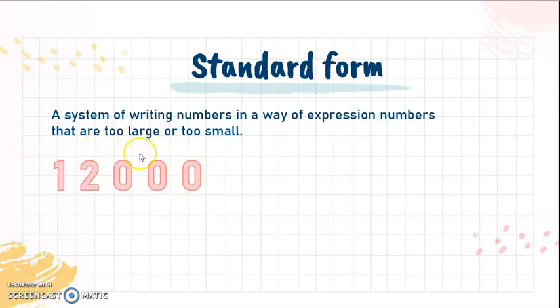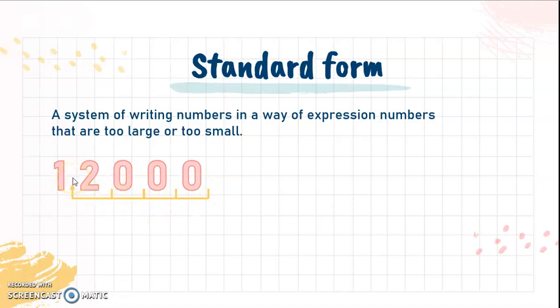Okay, for a number that is too large, sometimes the decimal point is not shown. If there is no decimal point here, always assume that the decimal point is at the very end. Okay, so we want to change to standard form. We move to the left. So we have 1, 2, 3, 4. So we stop here.